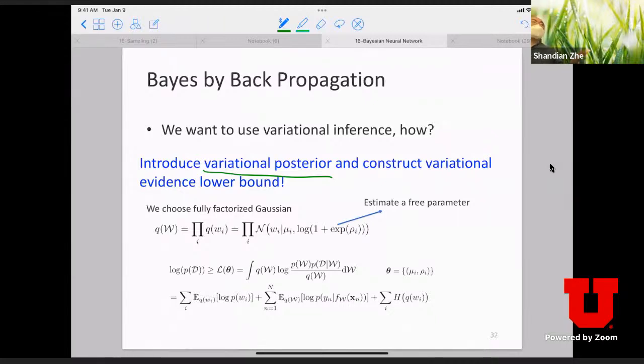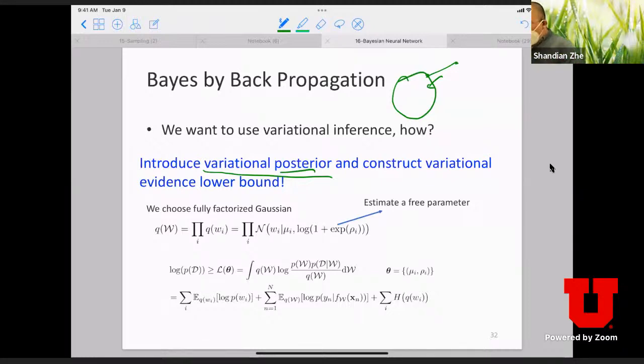Then we maximize the lower bound of the model evidence to optimize the approximate posterior. If you still remember, we restrict our approximate posterior to a particular family, that might be Gaussian, and then we maximize the evidence lower bound to find the best approximate Gaussian, which can be as close to the true posterior as possible.